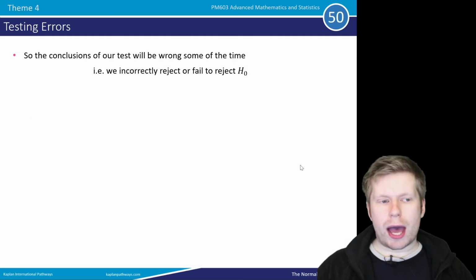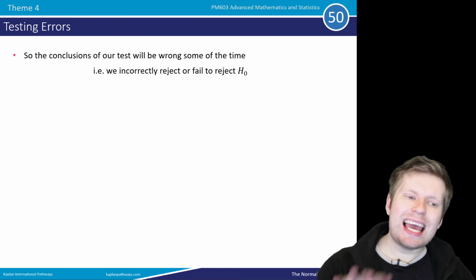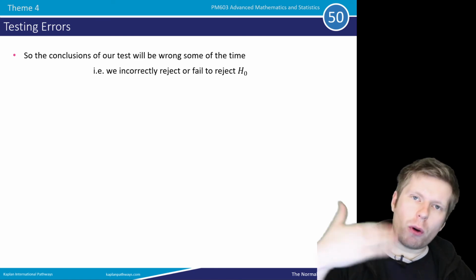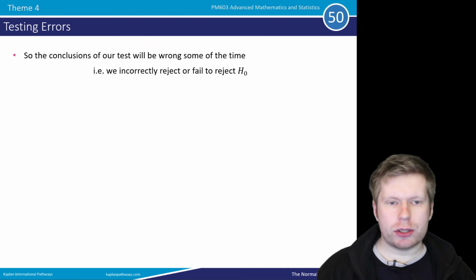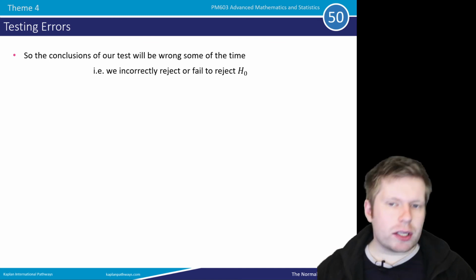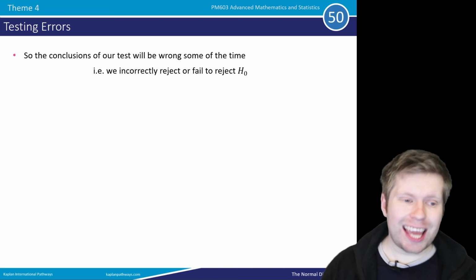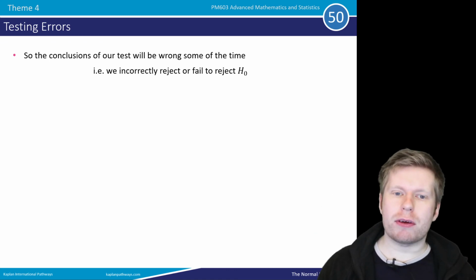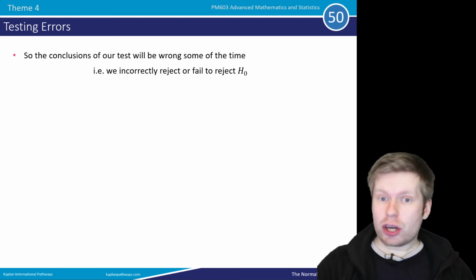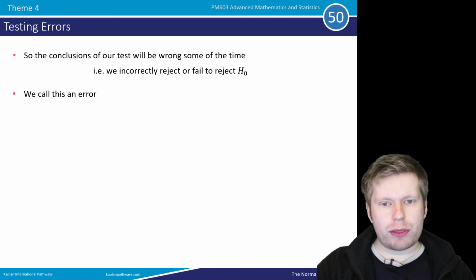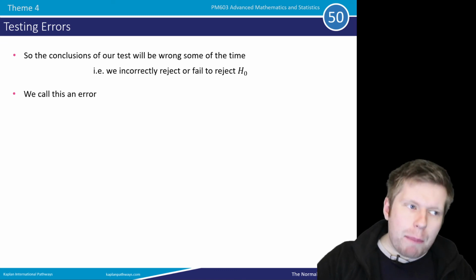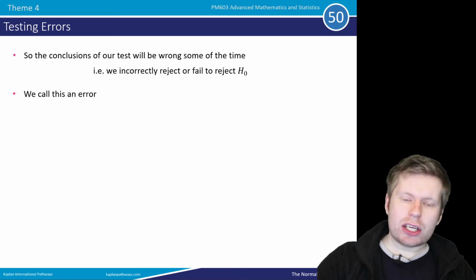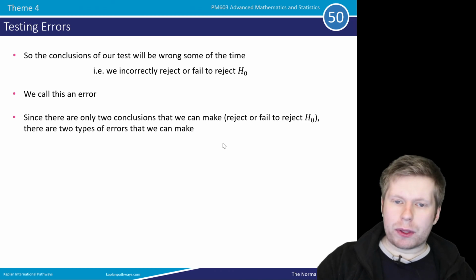So I'm going to talk through then the different types of errors that we can make when we're doing our hypothesis test, and then from that we can actually make more informed decisions. So the conclusions of our test will be wrong some of the time, okay? It's not a perfect kind of foolproof method, okay? So in other words, we can incorrectly reject or fail to reject the null hypothesis. Now, if that happens, if the result of our test is incorrect, then we call that an error, okay?